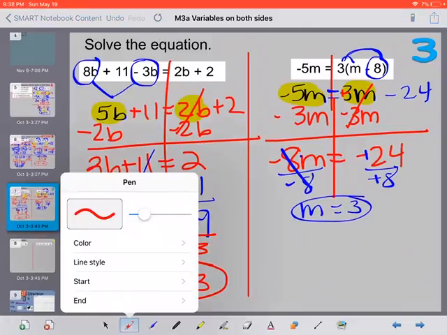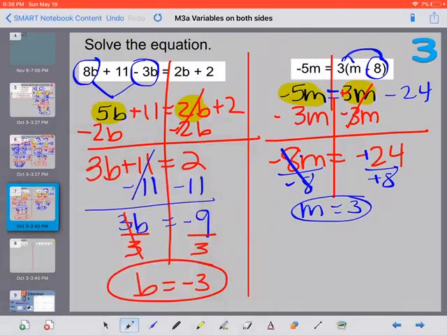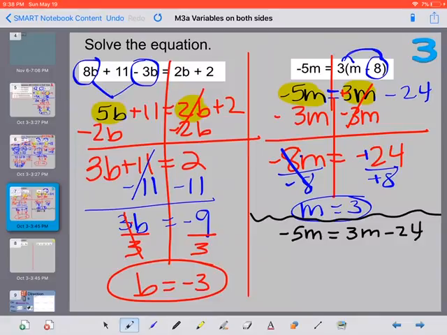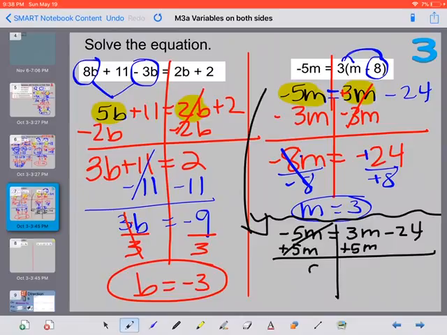Now if you solved this the other way, I'm just going to copy it. Negative 5m equal to 3m minus 24. This is the same equation. I'm just going to solve it a different way. If I added 5m, I would have had to write 0 equals 8m minus 24.